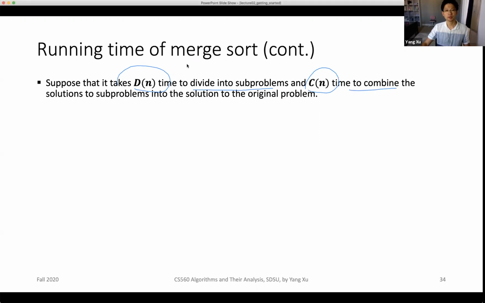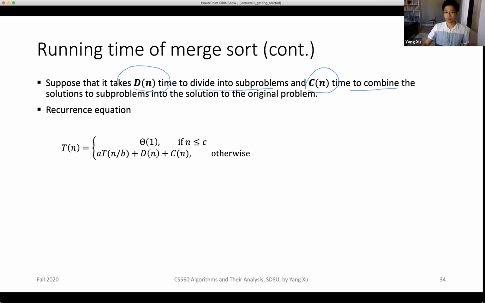So our recurrence equation can be written in this way. First, if the problem size is below the threshold, if it's small enough, then we can solve it in a constant amount of time. So under those conditions, T of n is simply big theta of 1, which indicates constant time.